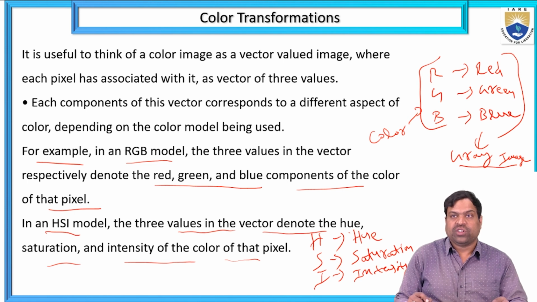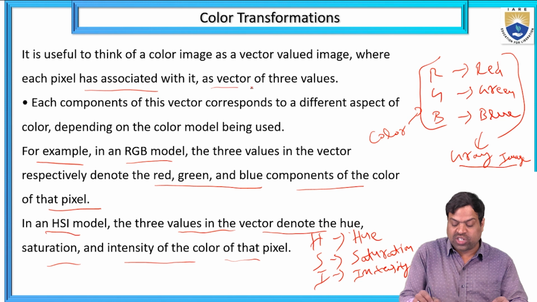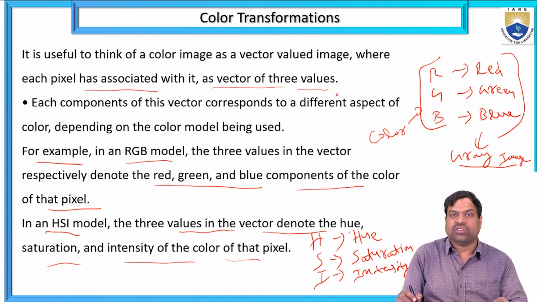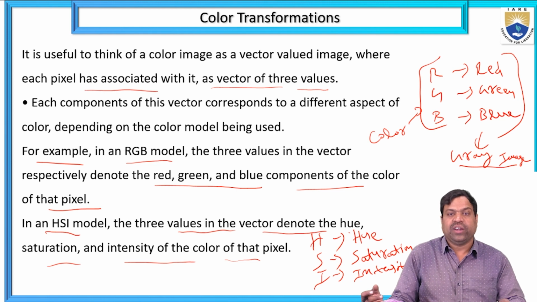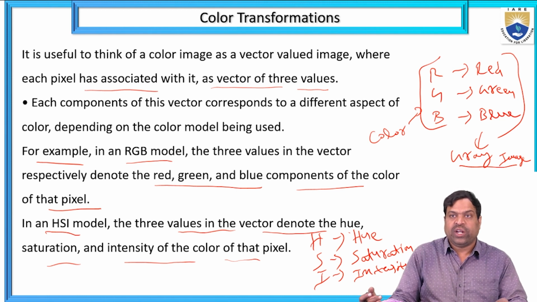So, color image transformation deals with a vector valued image, where the pixels are associated with a vector of three values. If I am taking RGB, it is one set of values; if I am taking HSI, it is another. When I am taking the vector of RGB, that is red, green and blue. When I am taking the HSI model, hue, saturation and intensity.